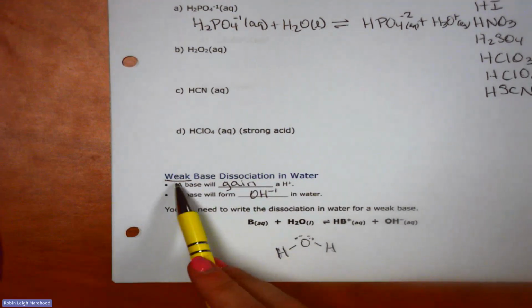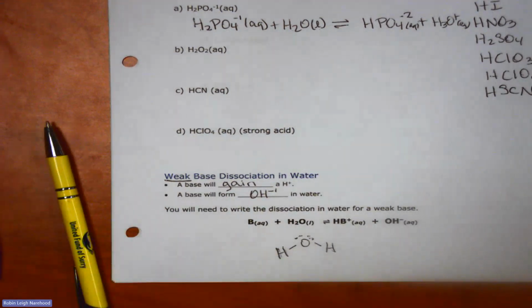So again, these are just weak bases. All the strong bases are ionic compounds. So all of our weak bases are going to have a pair of electrons somewhere. But because we're just going to write formulas, you're not going to see the electrons. But you've got to think back to how you drew molecules and the kinds of things that had lone pairs.